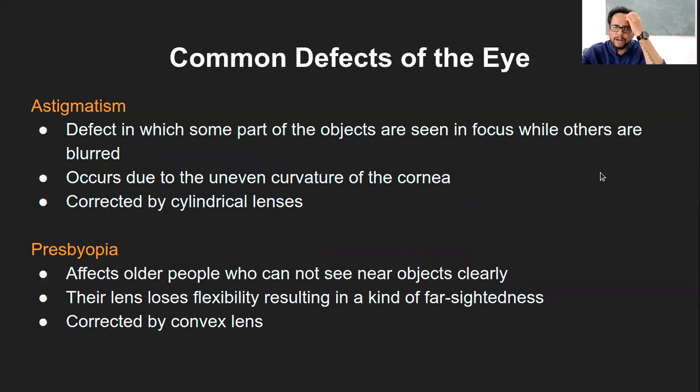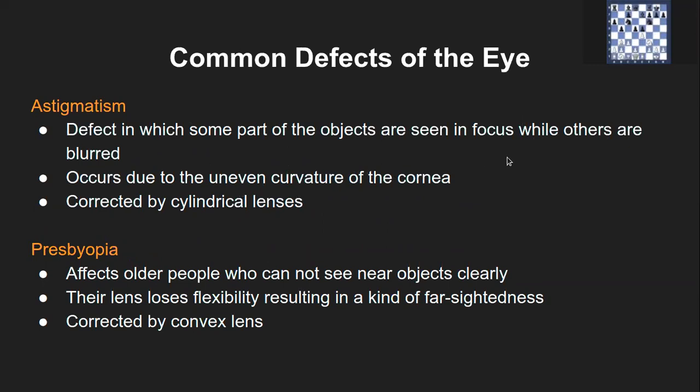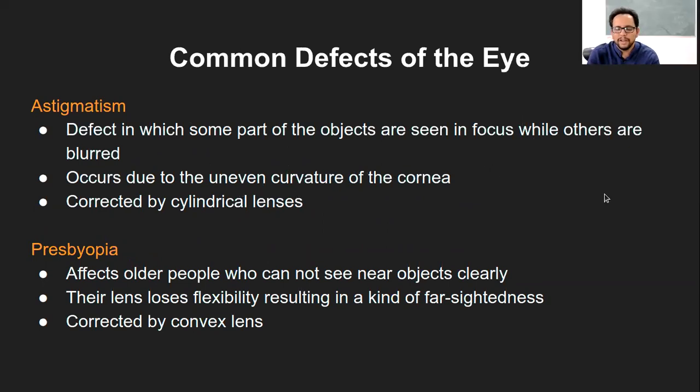Okay, so another defect is astigmatism. This is the defect in which some parts of the objects are seen in focus while the others are blurred. So if you are looking at a certain image, only a part of the image at one particular point you see very clearly, and the rest of the image appears blurred on one side.